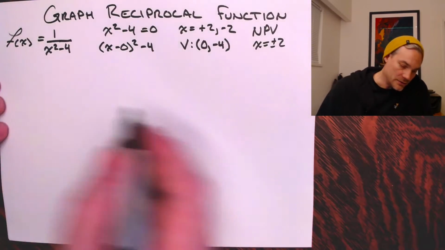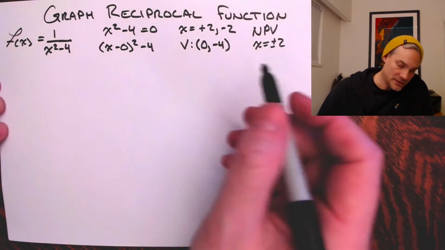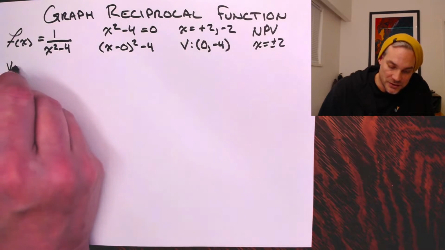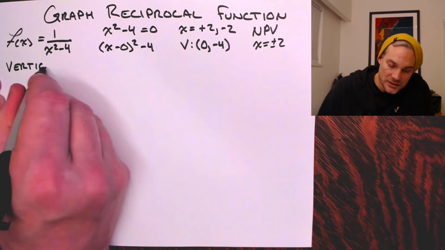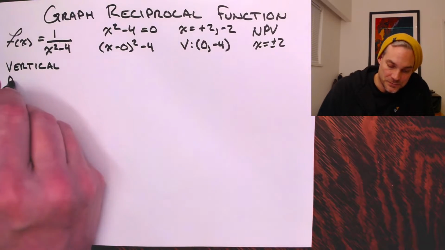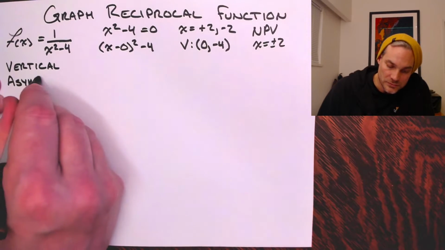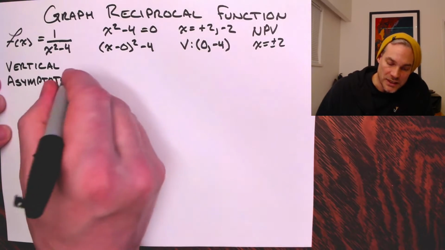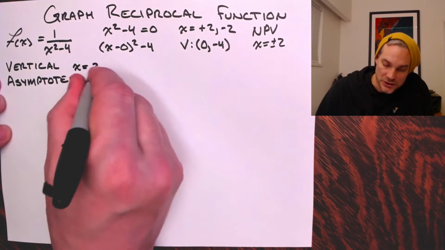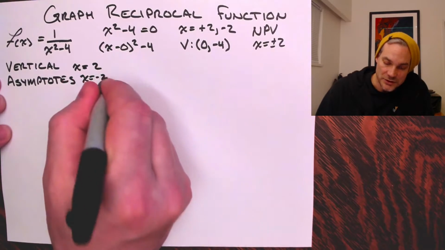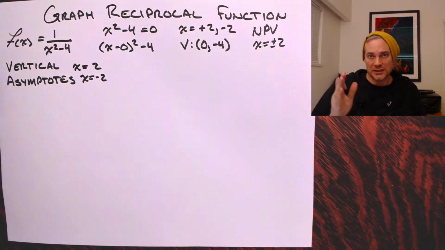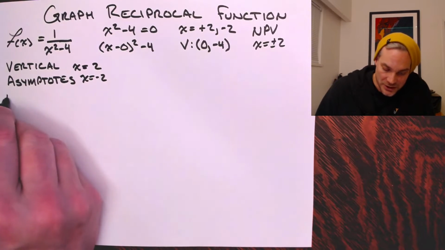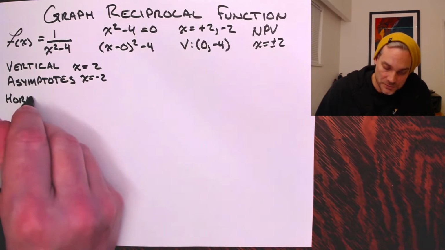So now I've got my non-permissible values, which are my vertical asymptotes. That is when x equals 2 and x equals negative 2. These are vertical asymptotes, lines that you cannot cross. The graph will never touch them. Now we also have something called our horizontal asymptote.